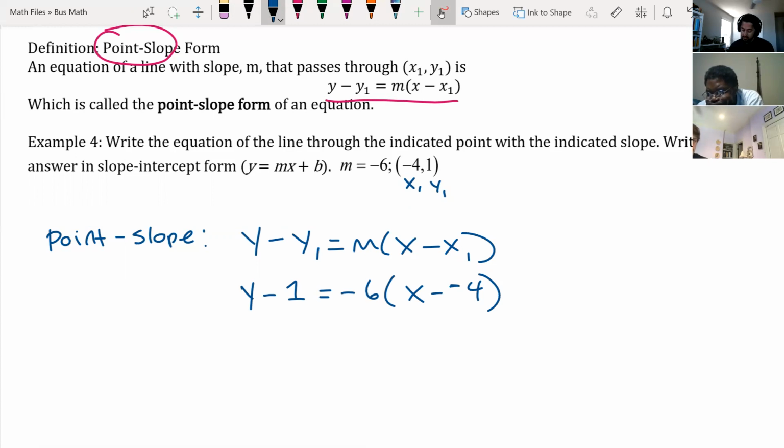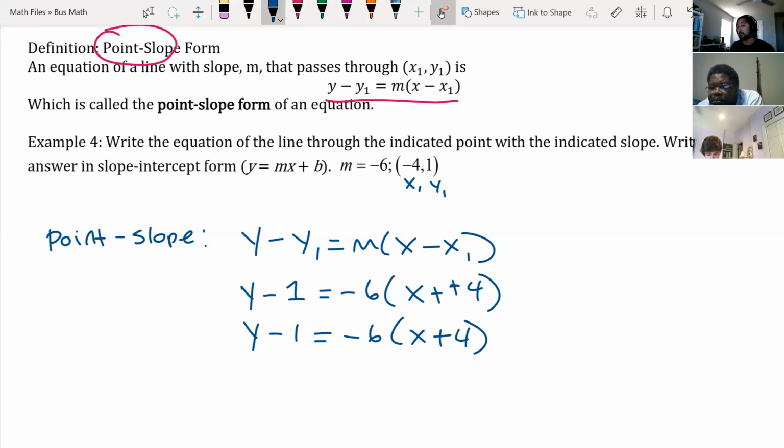Okay, then clean it up. I get y minus 1. I'm going to make this minus minus into plus plus. So we'll have -6 times x plus 4.